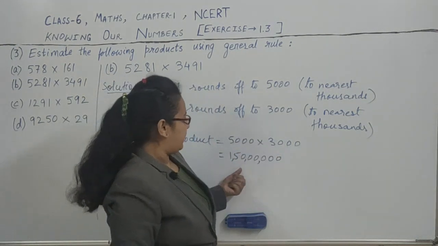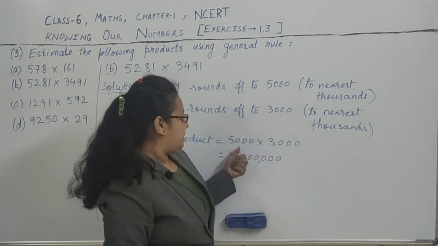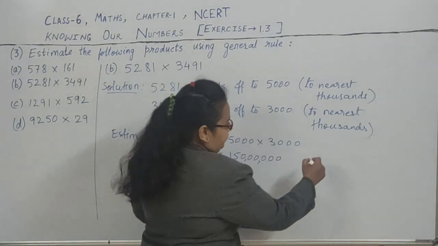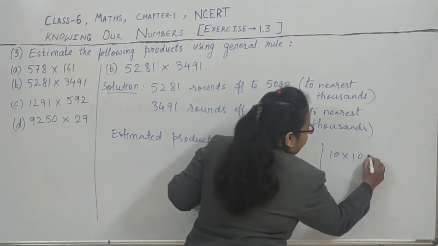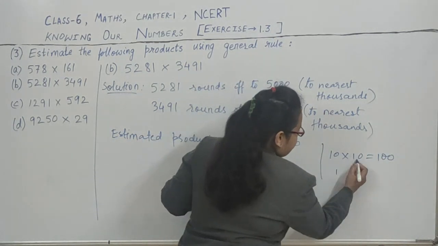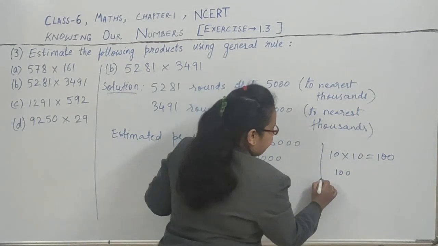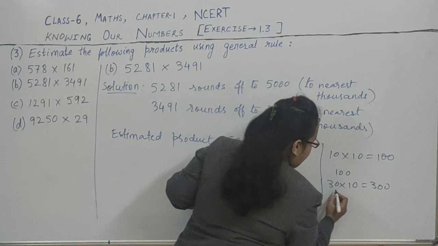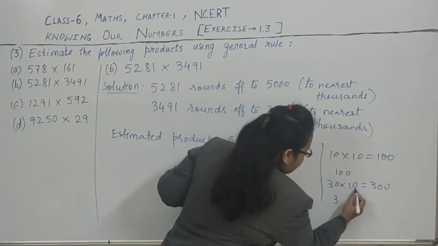See, if you multiply it, you can get this answer, right? So directly you can multiply 5 into 3 and these zeros. See, 10 into 10, how do we multiply it? You know that the result is 100, right? So what we do? 1 into 1 is 1 and these two zeros. Like that we multiply. See, 30 into 10 is equal to 300. How? This 3 into 1 is 3 and these two zeros.